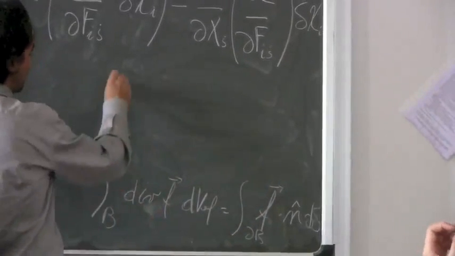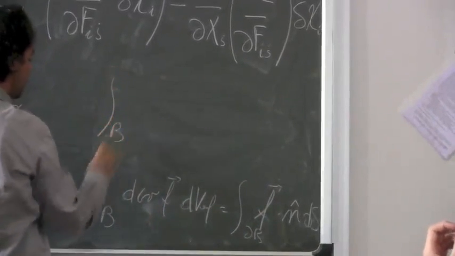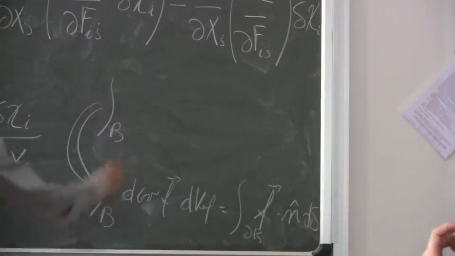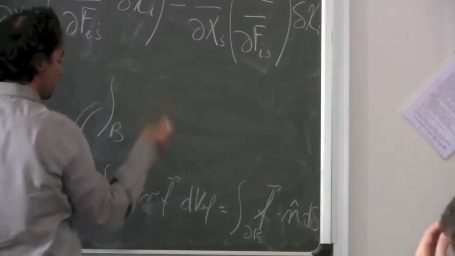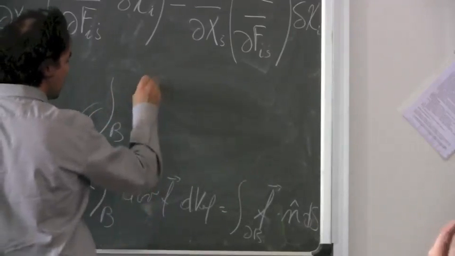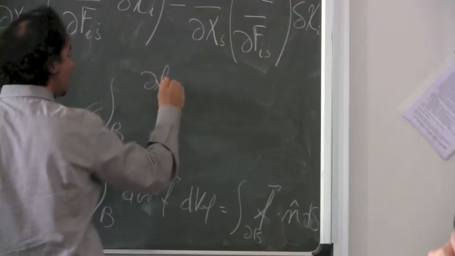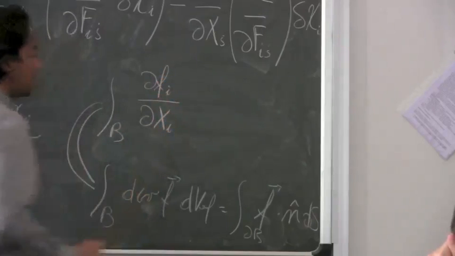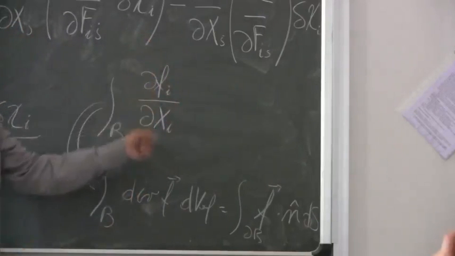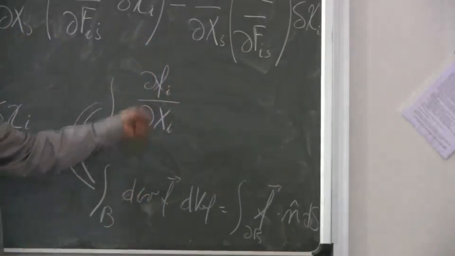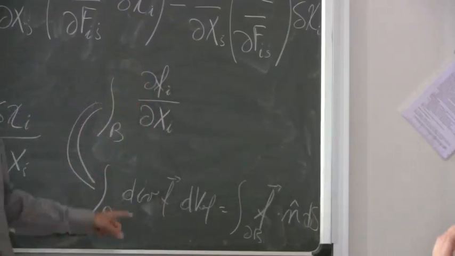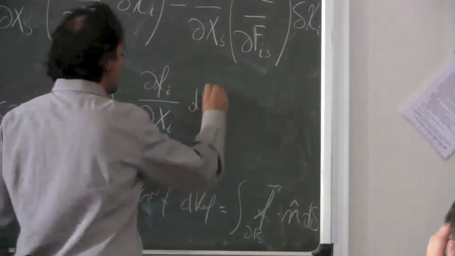This can be seen in this way. This is equal to the derivative of the i component of f with respect to xi. The index is repeated. That means that this is the derivative of f1 with respect to x1 plus the derivative of f2 with respect to x2, and so on, in the volume.